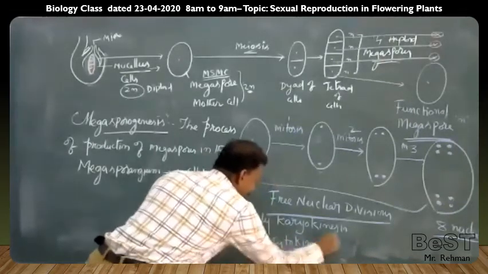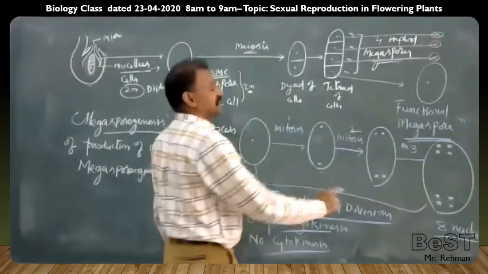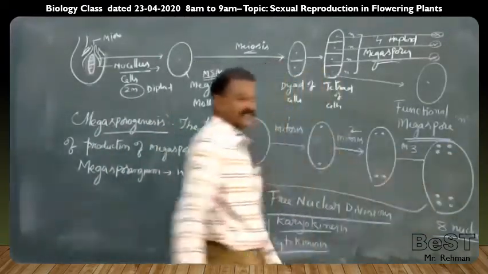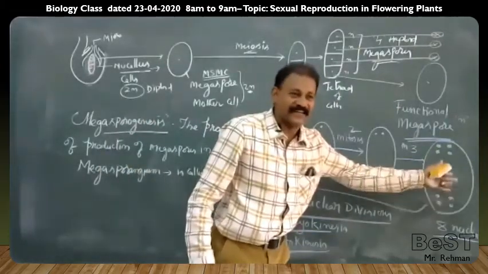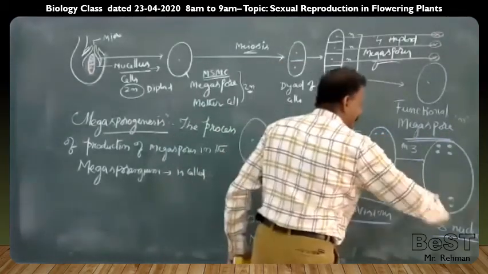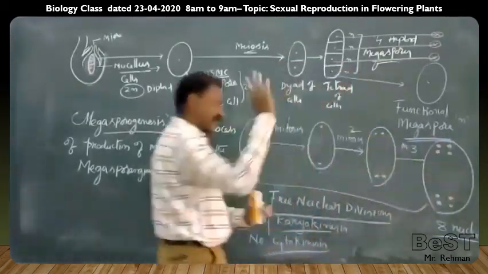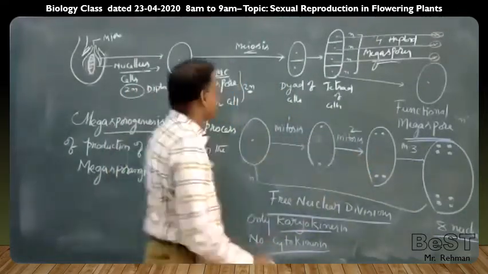Kinesis. And this 8-nucleate structure we are going to call the female gametophyte, or embryo sac. This 8-nucleate structure undergoes cell wall formation. Finally, it becomes the embryo sac.